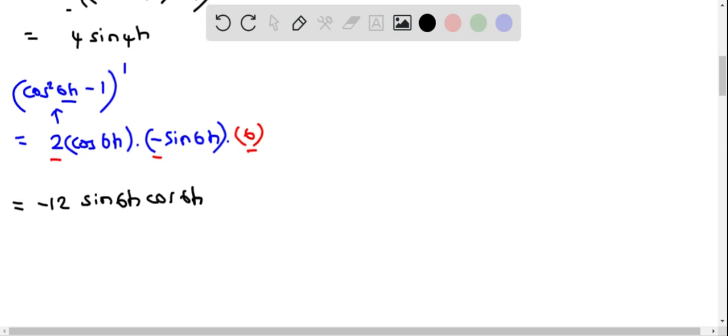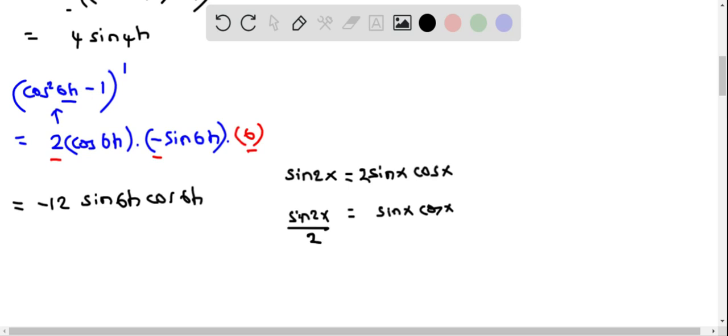Now I can use a trigonometric identity. That is, sine of 2x equals 2 sine x cos x. So I can solve for sine x cos x, which basically gives sine 2x over 2. Now I replace x by 6h.